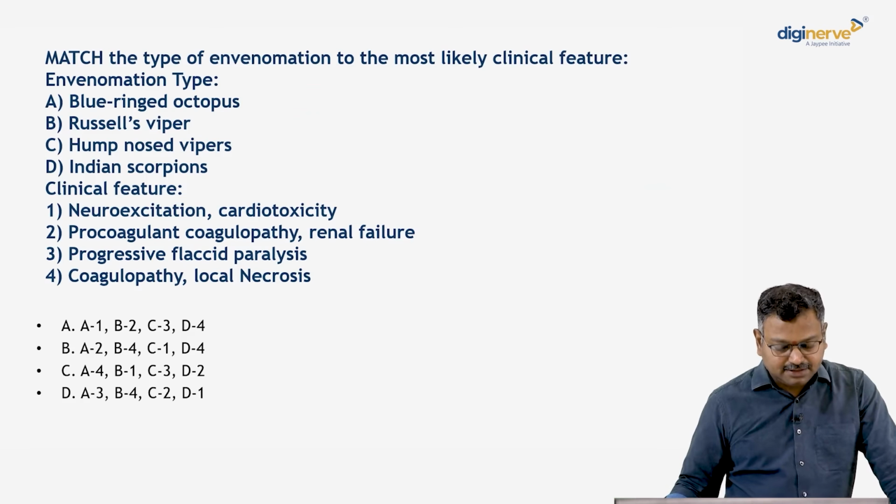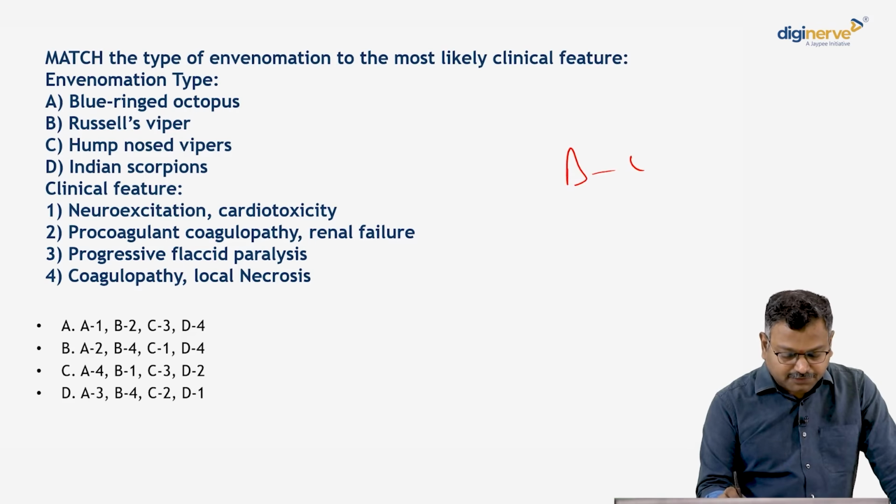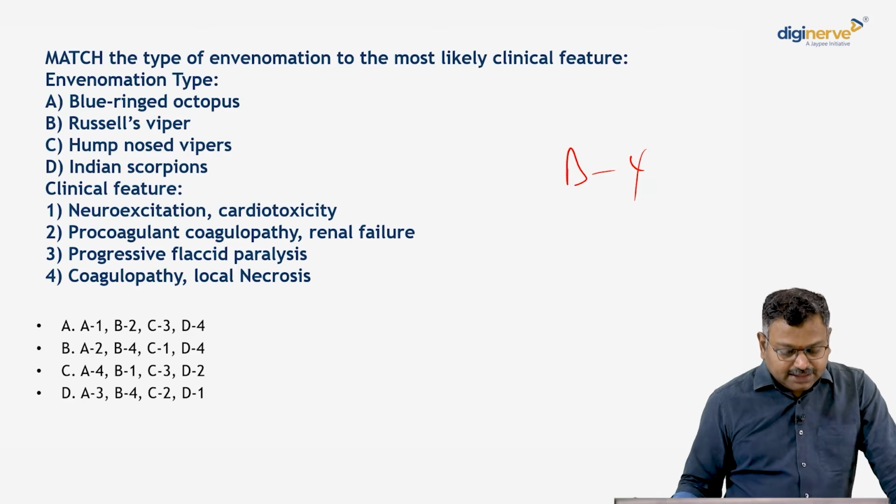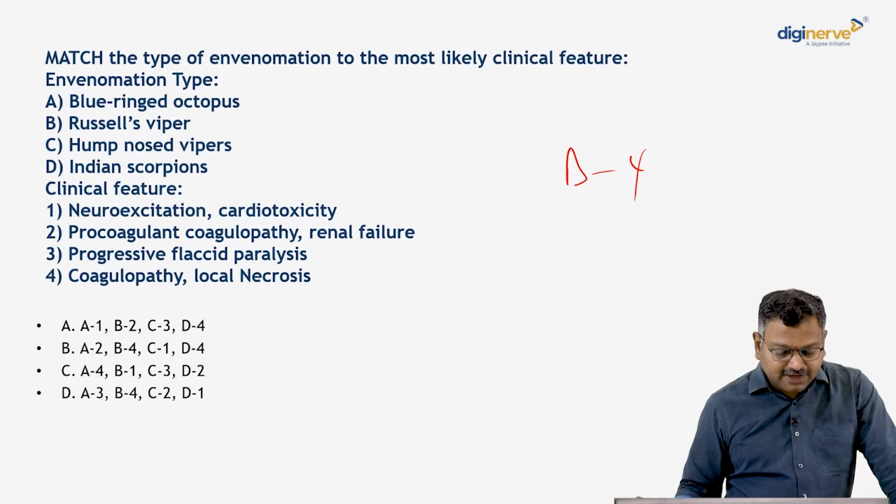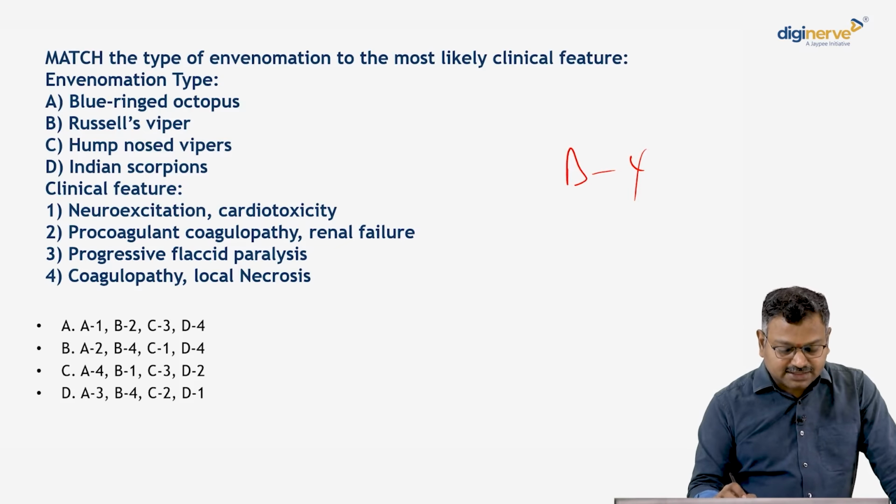Russell viper will produce the coagulopathy and local necrosis. So, B corresponds to 4. That is important. Now, the hump-nosed viper classically produces renal failure and procoagulant effect. So, C corresponds to 2. That is what you have to do. So, look for the option where B is 4 and C is 2.